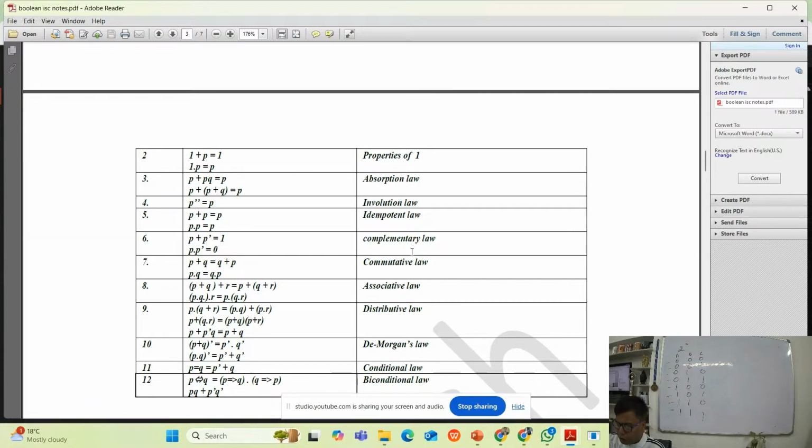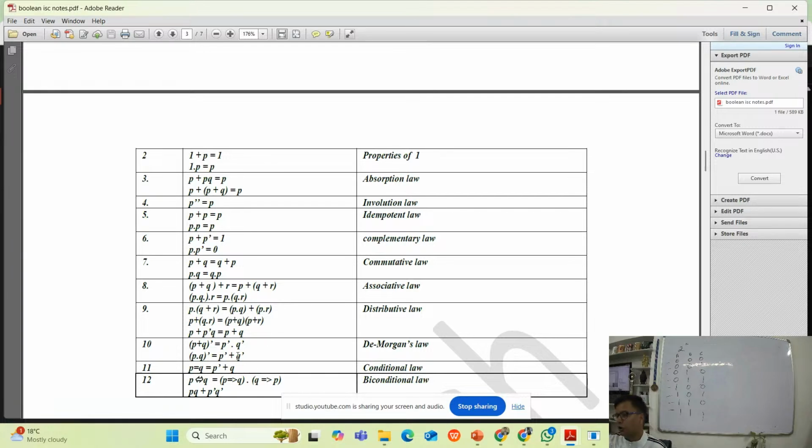Associative law: P plus Q plus R becomes equal to P plus Q plus R, and P dot Q dot R is equal to P dot Q dot R. Then the distributive law: P dot (Q plus R) is equal to P dot Q plus P dot R, similarly we will get the other law also.